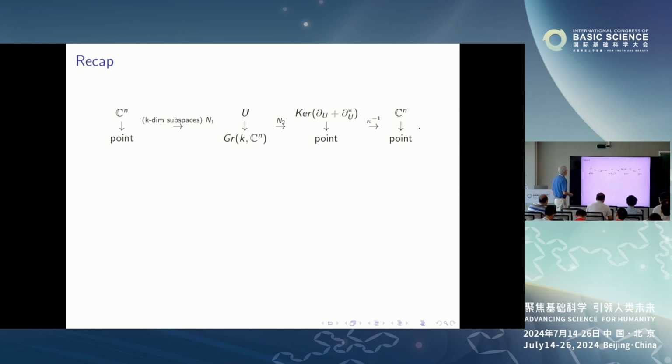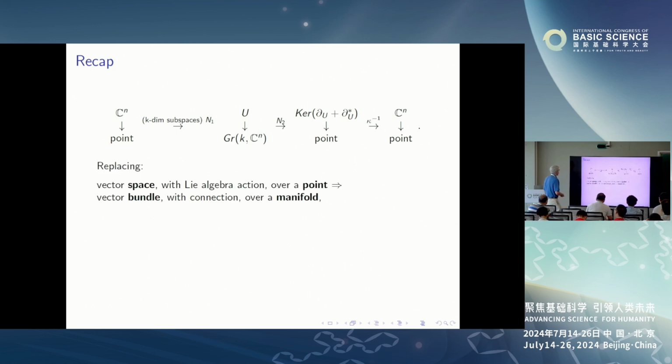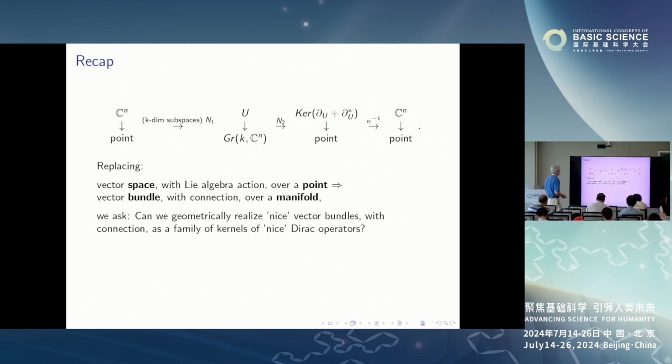So we're going to replace the vector space, which had a Lie algebra action over a point, with a vector bundle. The Lie algebra actions can be replaced by a nice connection, and the points can be replaced by a manifold. And so I'm going to ask, can we geometrically realize nice vector bundles with connection as families of kernels of nice Dirac type operators?